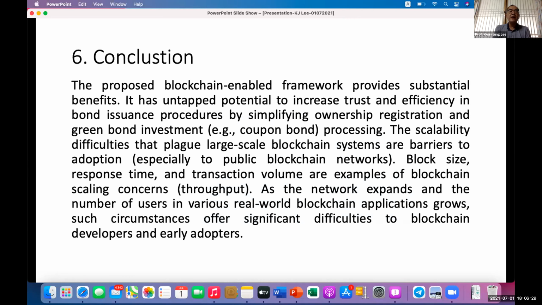Block size, response time, and transaction volume are examples of scaling concerns. As networks expand and the number of users grows in real-world blockchain applications, such circumstances pose significant difficulty to blockchain developers and early adopters.